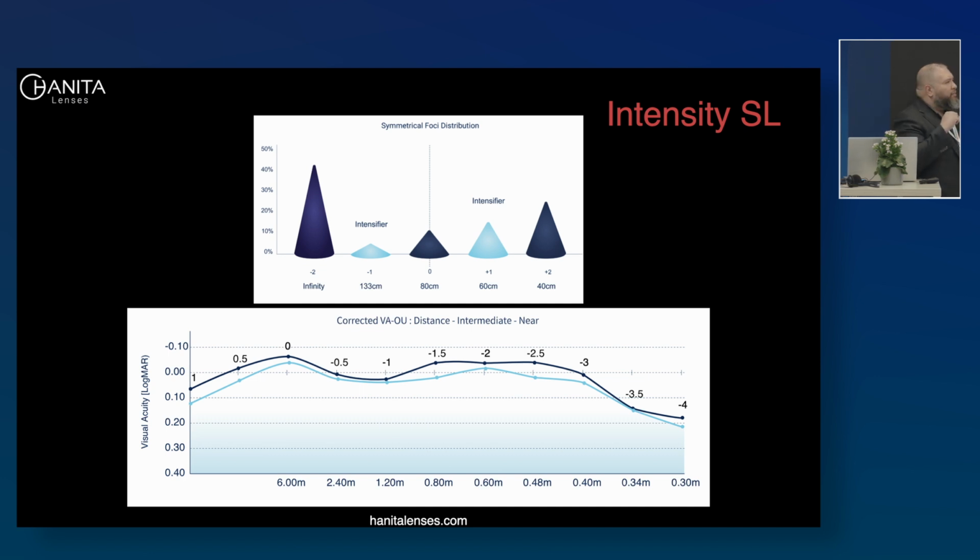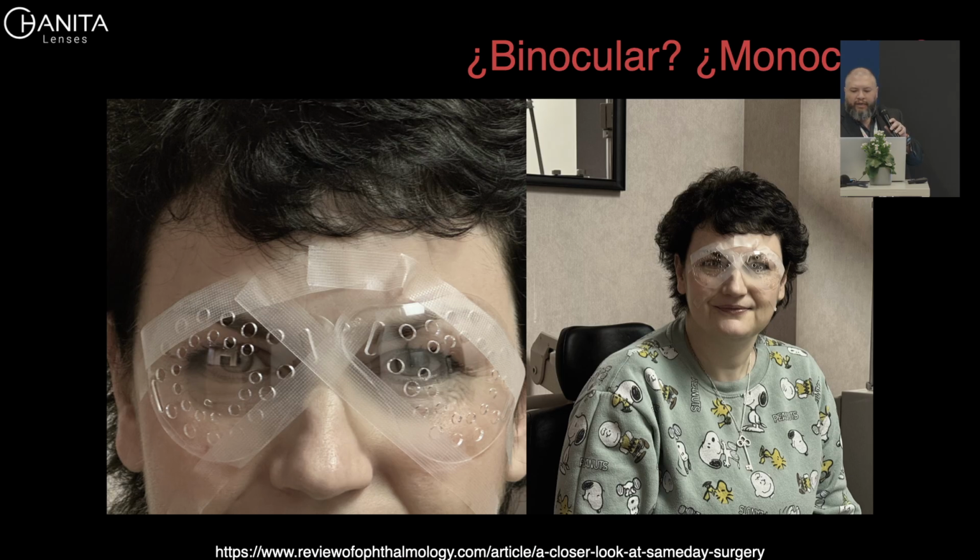I know it was talked about a lot yesterday. The important thing, and something that is different on this lens, is that the order 0 is the one in the intermediate vision, and the other orders are for far vision and near vision. This is something that can explain some little nuances of the lens that we are going to see in a minute.